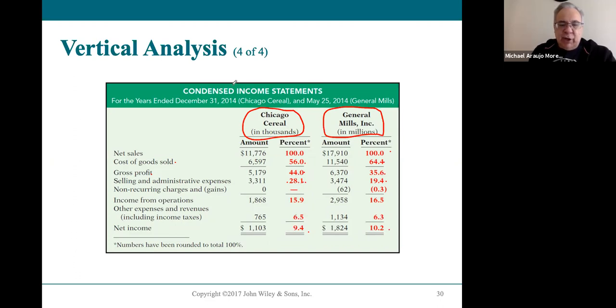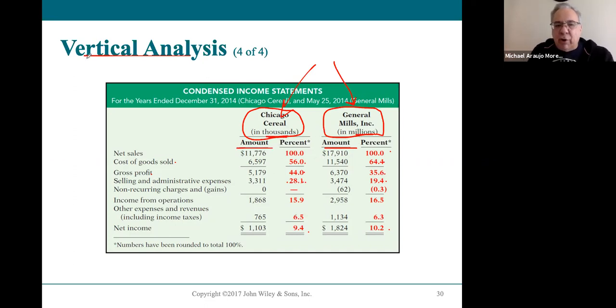So this is how you can use vertical analysis to compare two different companies within the same industry. Obviously, you can't compare a company that's 18 billion to a company that's almost 12 million. Remember, this is in millions, this is in thousands. You can't compare those two, they're very different.